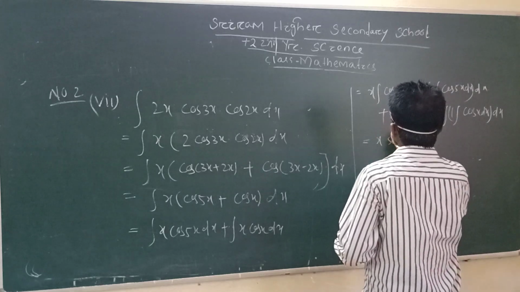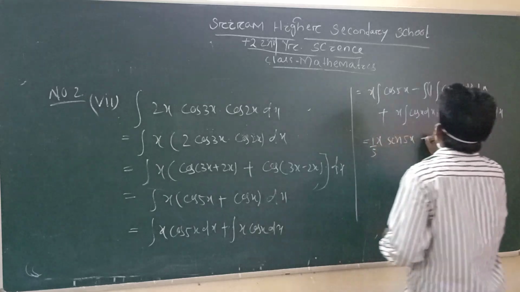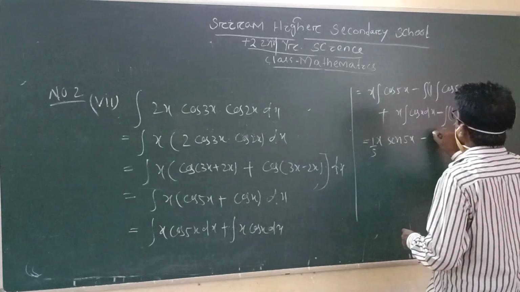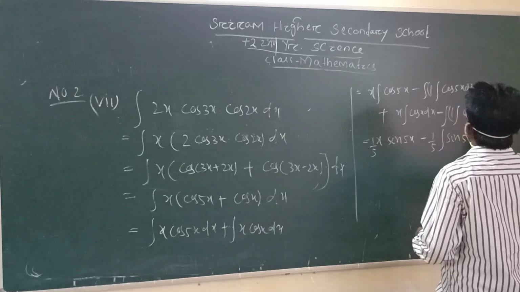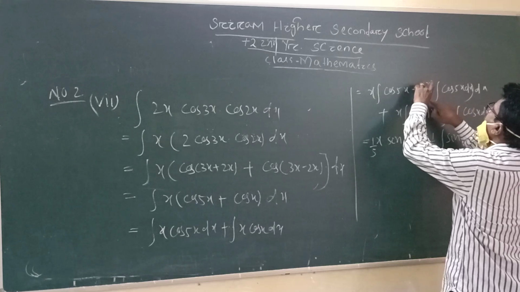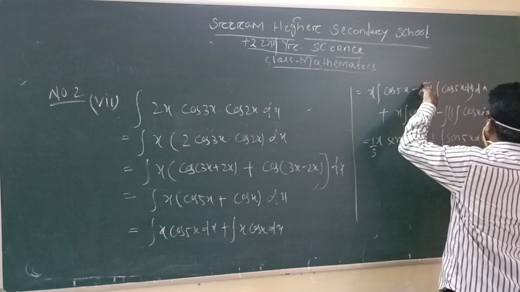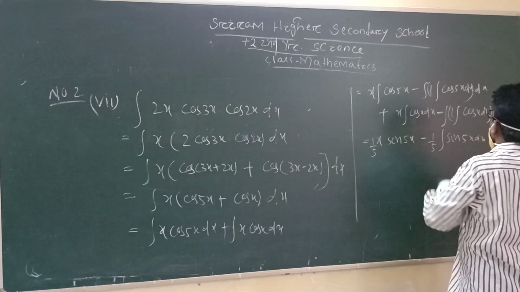X into sin 5x by 5 minus integration of cos 5x is 1 by 5 sin 5x dx. Because that is a double integration, it is integration and another integration. So this integration value is sin 5x dx. So another integration is still present.